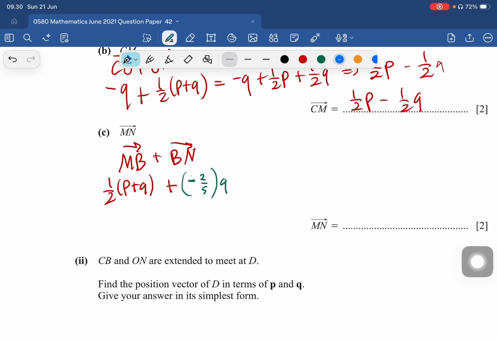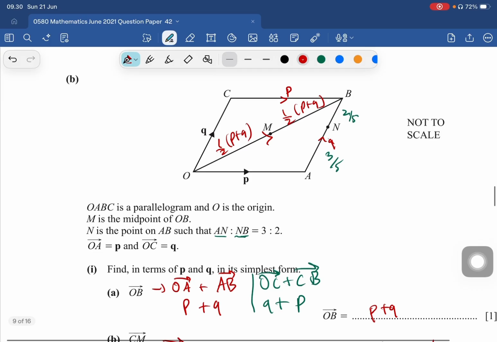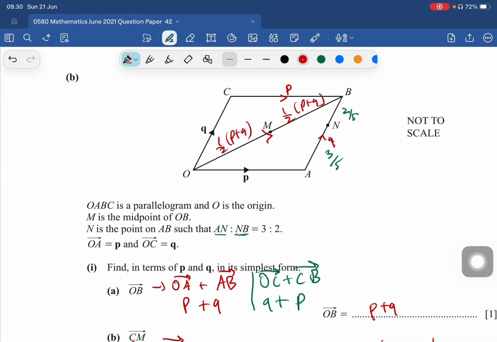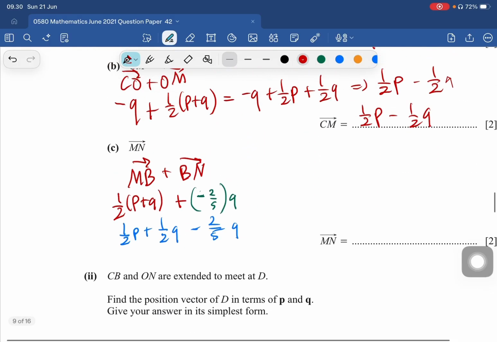Let's expand it. So this is a half p plus a half q minus 2 over 5 q. So p, we can keep it here. Here is a half p and q, here is 2 over 5 of q, MN.